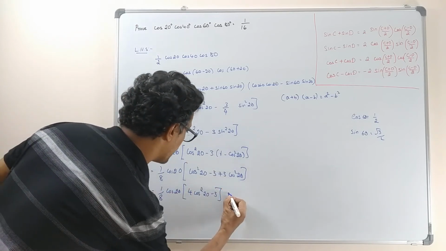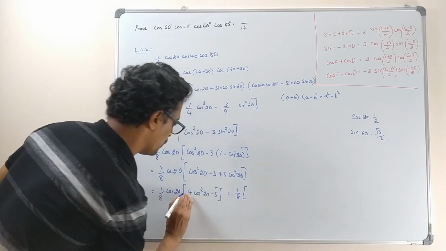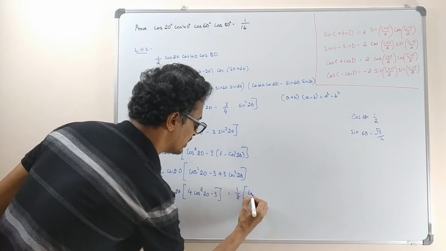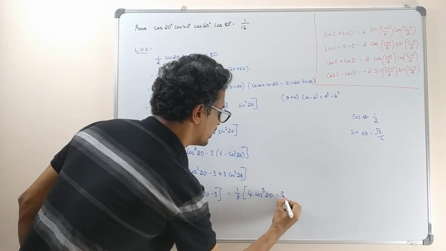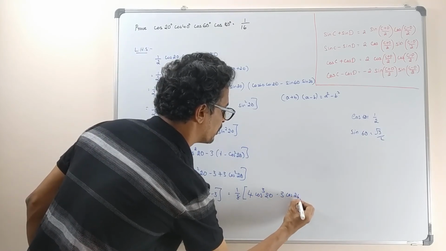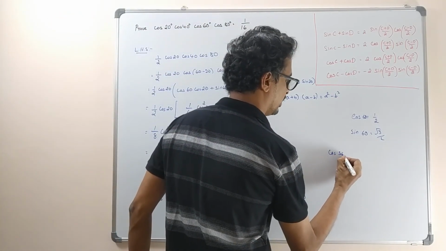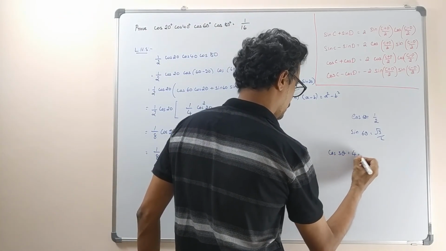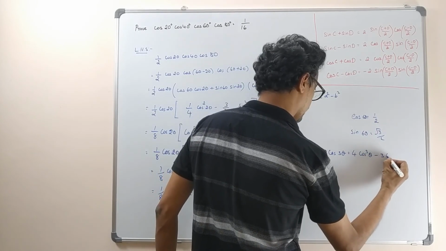So what this will become? 1 by 8 into 4 cos cube 20 minus 3 cos 20. So we know cos 3 theta equals 4 cos cube theta minus 3 cos theta.